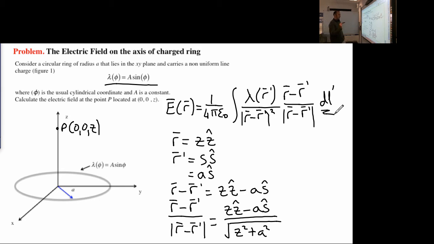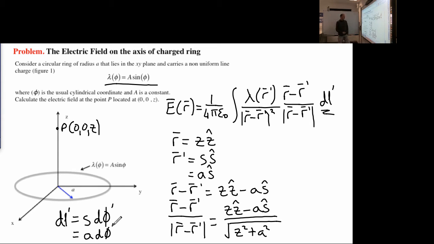Here we have dl prime, so S is constant, Z is going to be at 0, so dl prime is going to be equal to S d phi prime, which is equal to A d phi prime.